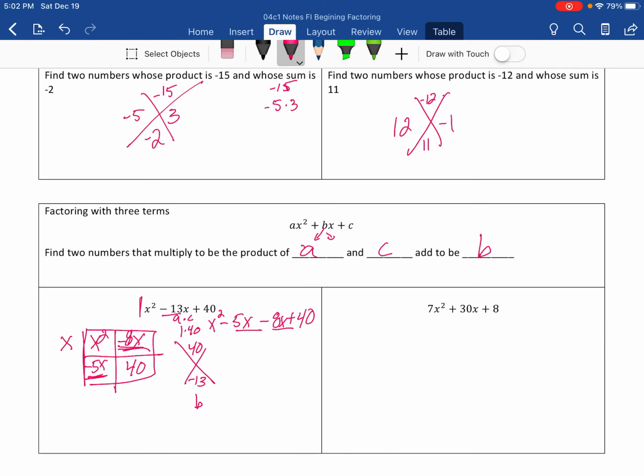So if I'm doing the box method, greatest common factor is x. Greatest common factor here, we pay attention, it's going to be negative 5. X times x is x squared. X times negative 8 is negative 8x. So my answer is x minus 5 times x minus 8. Over here, I find my greatest common factor, which is x.